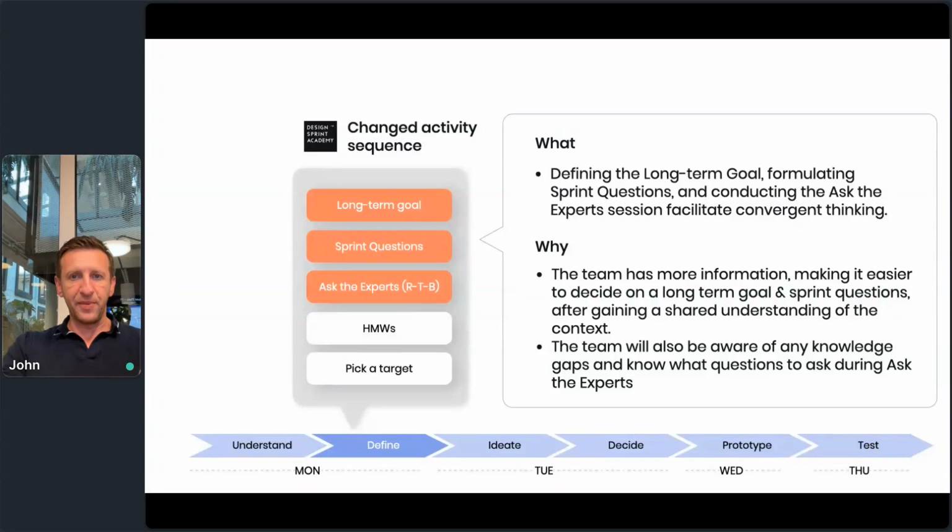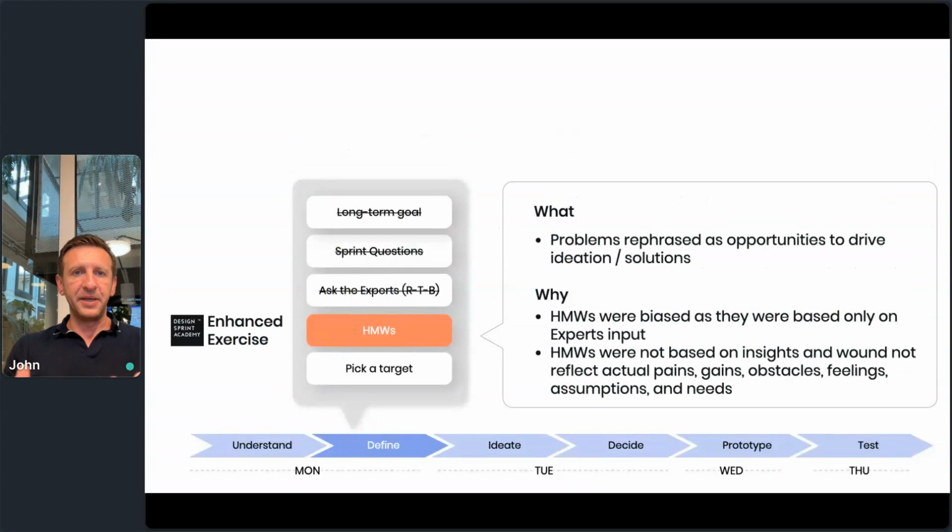And speaking of it, how might we? That's another big change that we've made, because we made it a standalone exercise. Why is that? In the book, this was done during the Ask the Experts, and the team was capturing notes. They were hearing something, and then transforming it immediately into a how might we question.